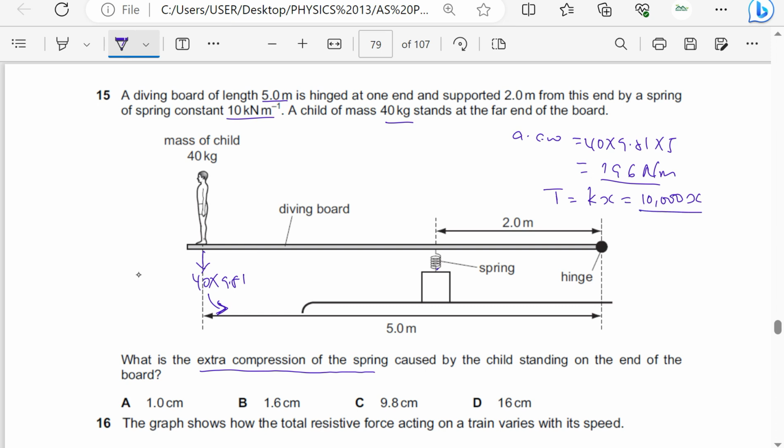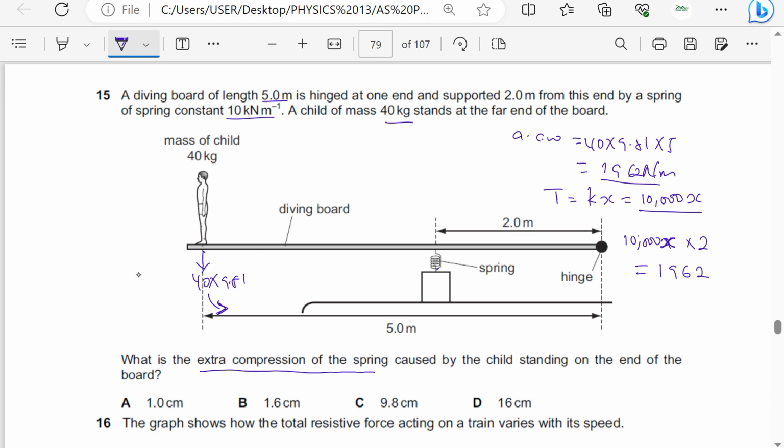So for equilibrium, the tension force, which is 10,000 x, times its perpendicular distance from the hinge, which is 2, should give us the same moment as 1962 if we have equilibrium. It should give us a clockwise moment to balance the anticlockwise moment, equal to 1962 Newton meters.